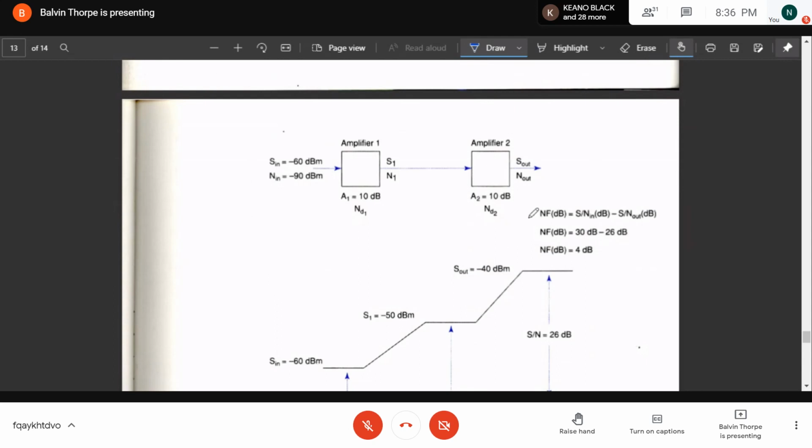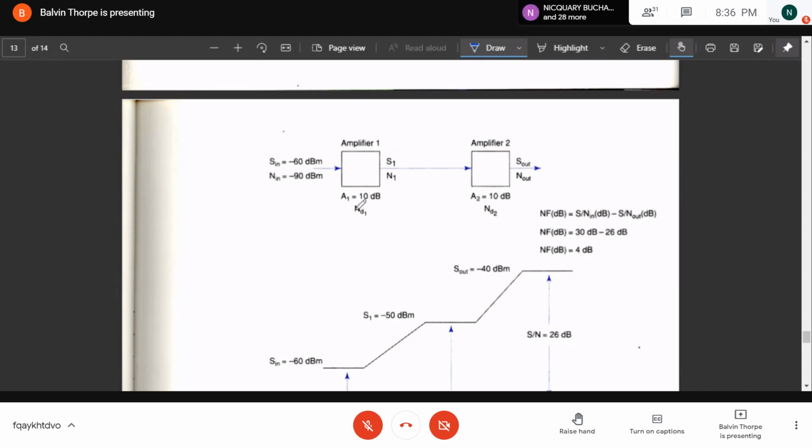Now, as you can see in this cascaded diagram, we have two amplifiers. We have an input noise and input signal. Out of that first amplifier, we would have an output noise and an output signal, considered to be S1 and S2.